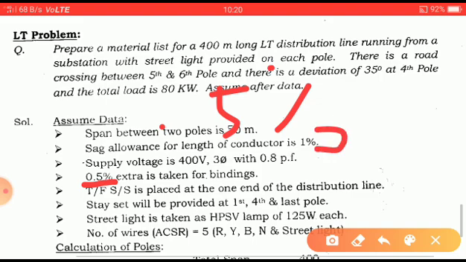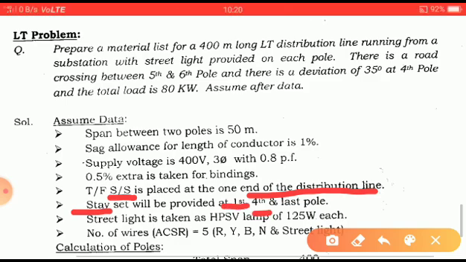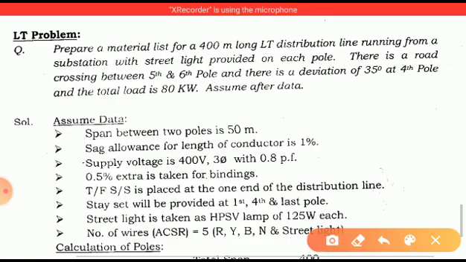0.5% extra is taken for the binding purpose, and stay is provided at one end of the distribution line, at pole 1, the fourth pole and the last pole, and each pole contains one lamp.